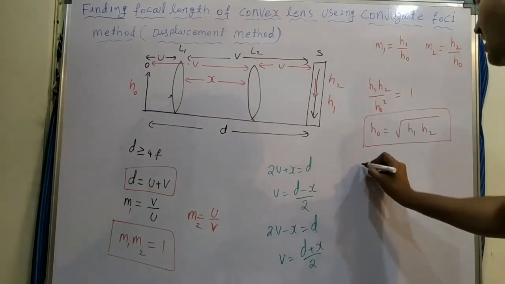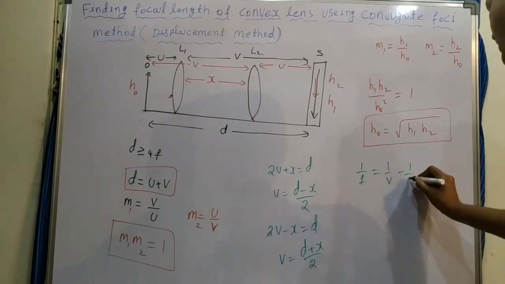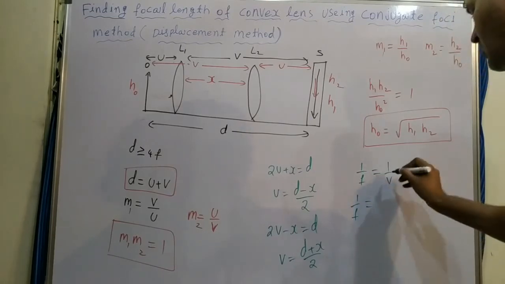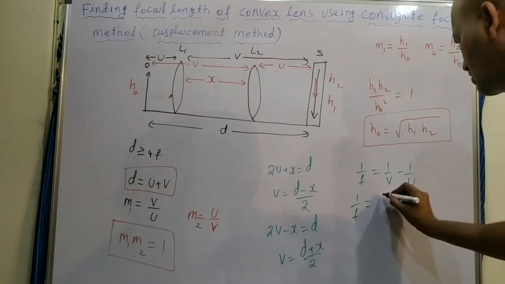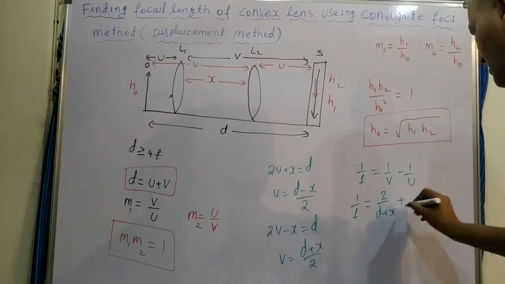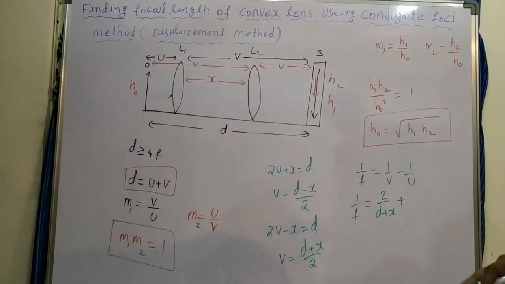So from the focal length formula, 1 by f is equal to 1 by v minus 1 by u. Substitute these values. 1 by f is equal to, in place of v, 2 by d plus x. Minus of minus becomes plus, because u is generally taken on the front side, meaning minus.